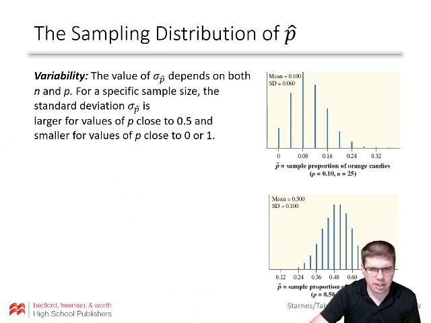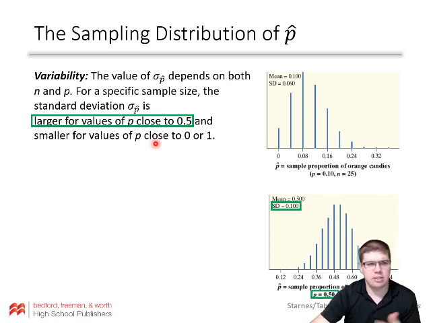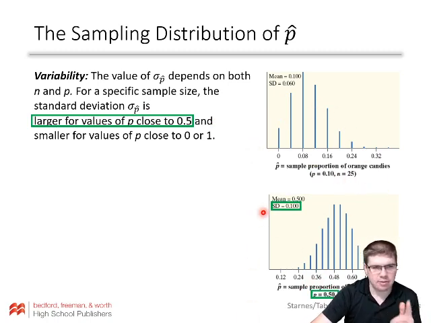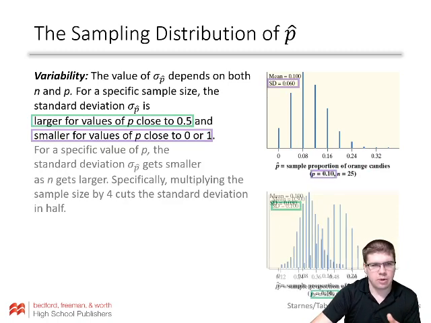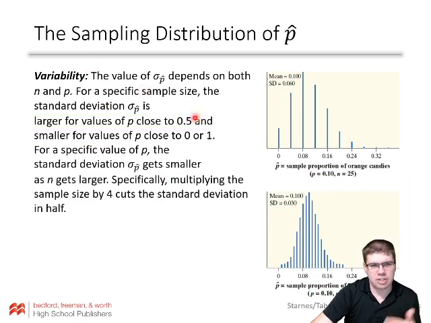But the other thing that affects it is the sample size. Sorry, I guess I got ahead of myself here. We see the larger values of standard deviation close to 0.5 and so on. But if we go to a larger sample size, then we're going to have less variability.